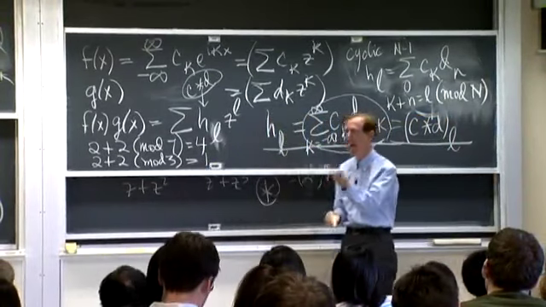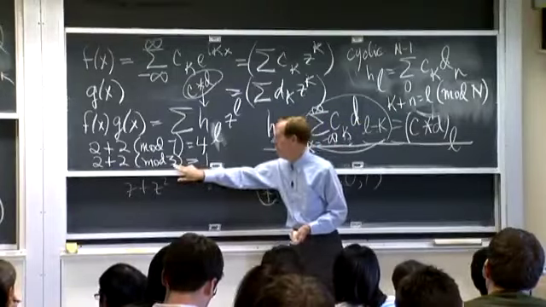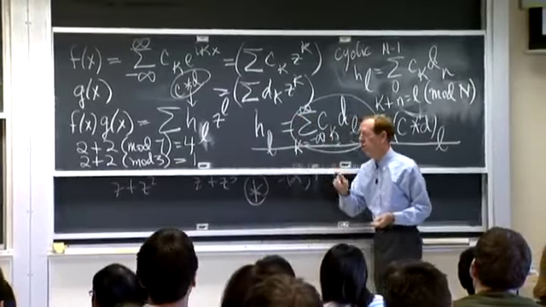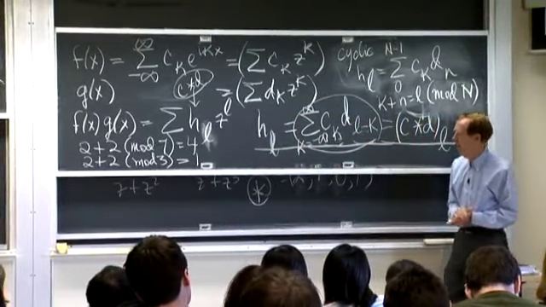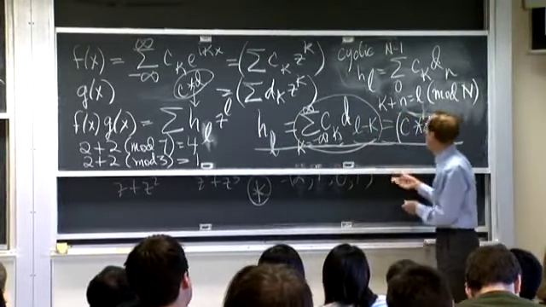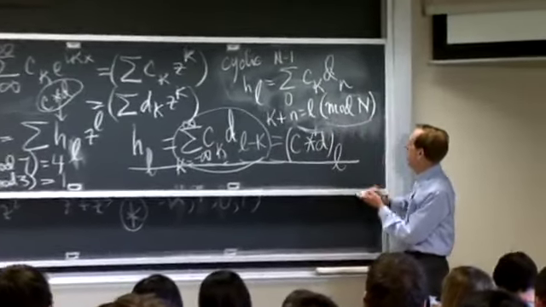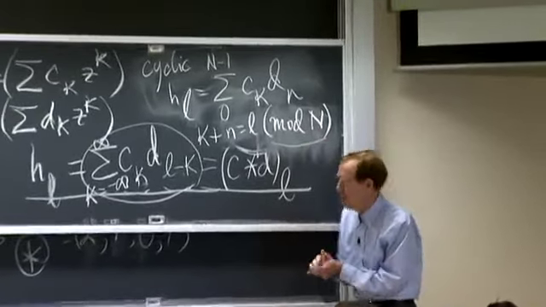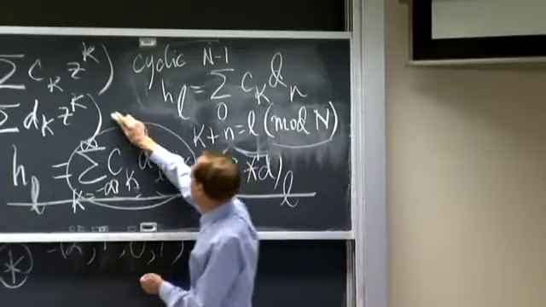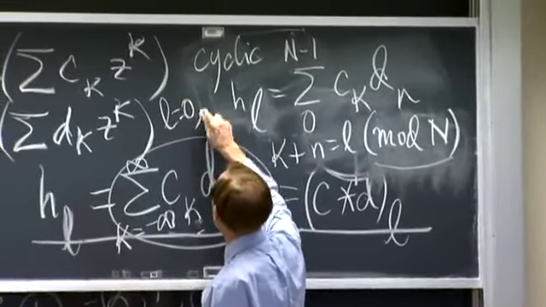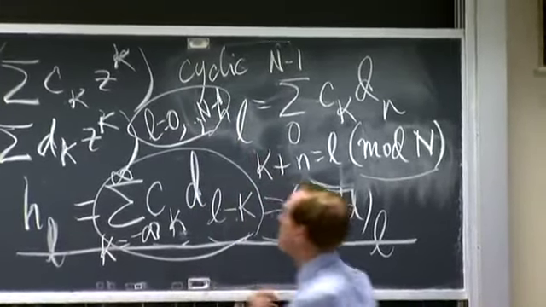I'm taking z squared times z squared, z to the 4th. But I'm doing it with n equals 3, so z cubed is 1, so that z to the 4th is really just z to the 1st power. So this is the little nifty notation that says make it cyclic. Bring it back so that l only has the values here 0 up to n minus 1, and then stops.